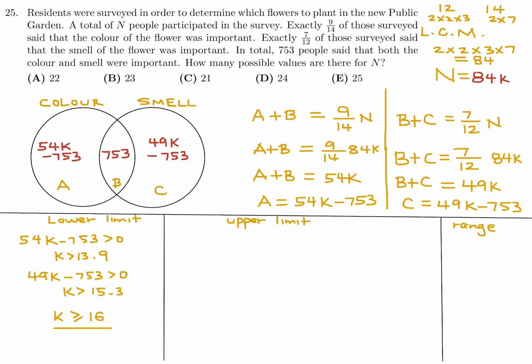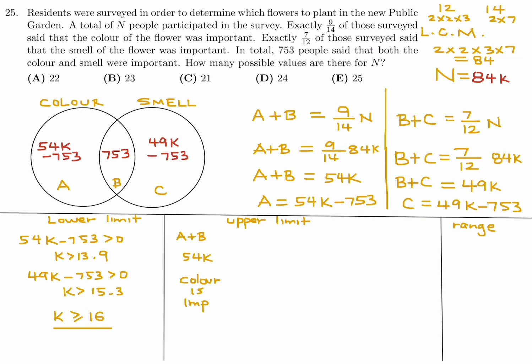Upper limit. Well, upper limit is looking at the fact that A plus B, as we figured out, was 54k. We did that right here. A plus B is 54k. And that represents the number of people who felt that color is important.